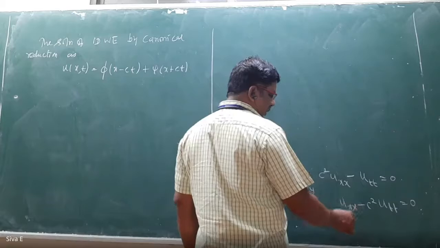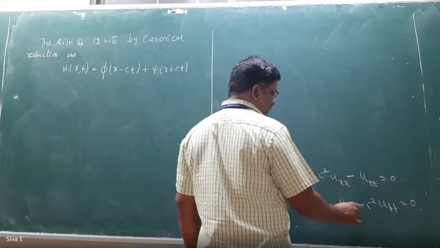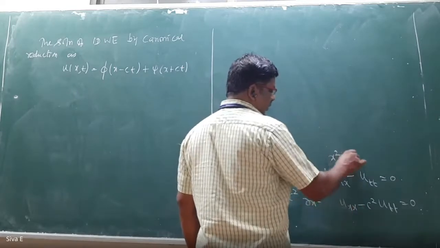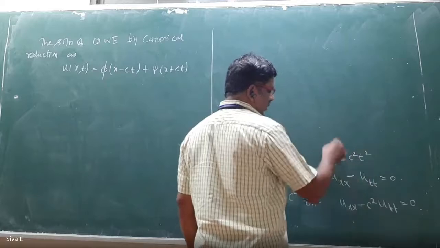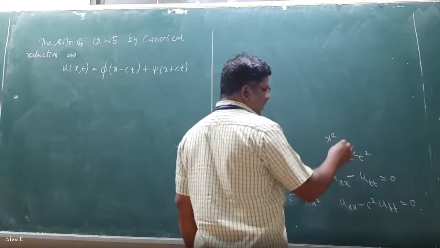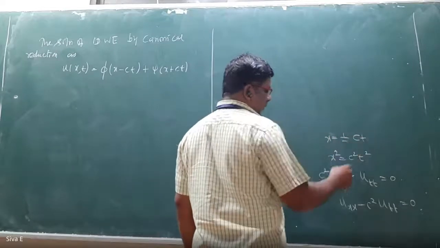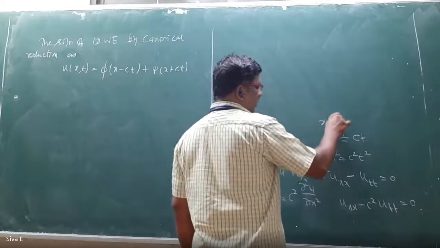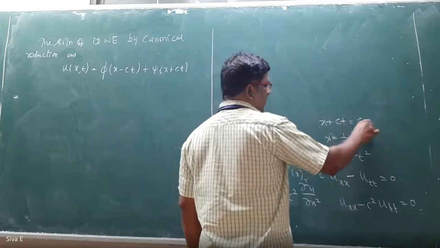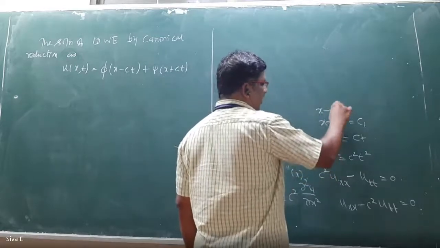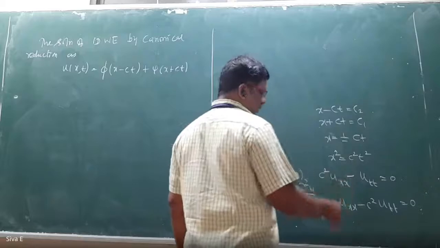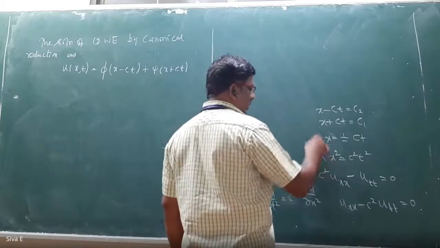So if you are considering this as x² equal to c² t², then x equal to plus or minus ct. It is possible to write x plus ct equal to some constant c1, x minus ct equal to some constant c2. Okay, they are deriving like that.